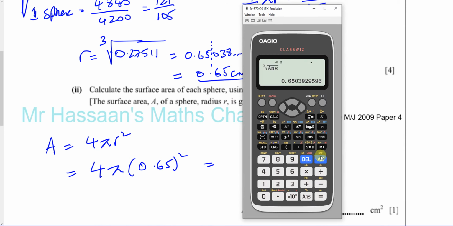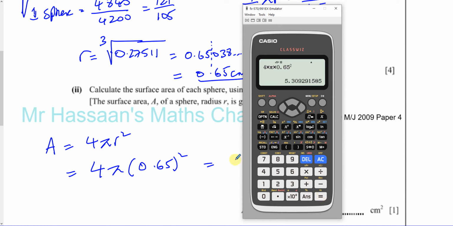Okay, so in case I need this later on, I'm going to store this answer as A. Okay, that's the answer for the radius, in case I need it in more accurate form later. But let's just see, 4 times pi times 0.65 squared, which gives us 169 over 100.